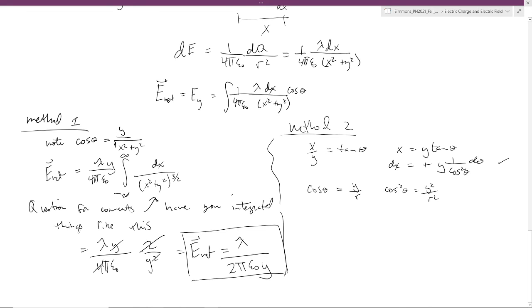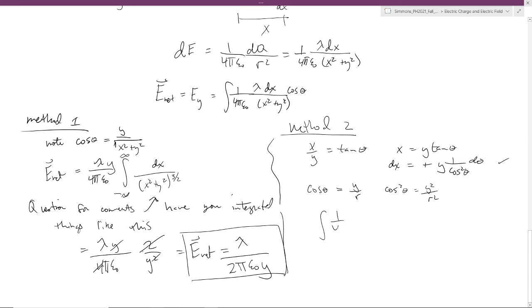Remember, r squared is x squared plus y squared, so we can substitute the denominator of our integral to put it in terms of cosine squared. Do we need another ingredient? I think that is everything that we need. So let's substitute these pieces in.